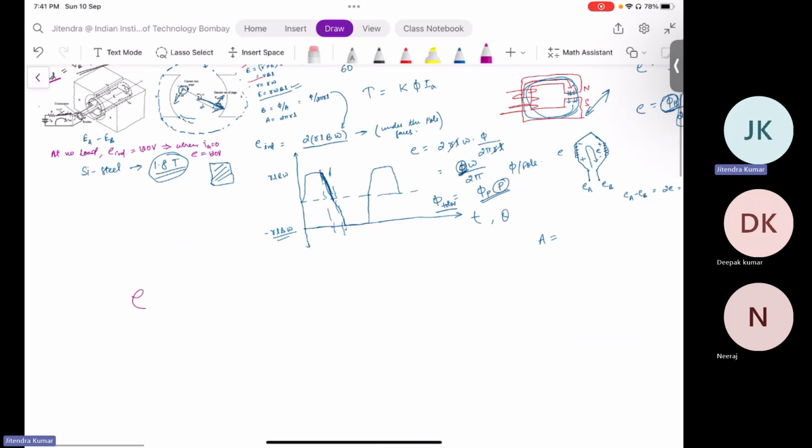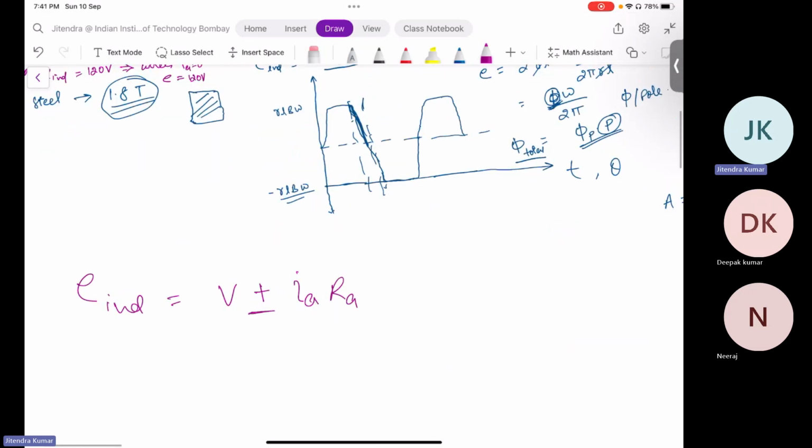So I can write EMF induced will be V plus IARA, because this is not in the opposite direction. So that's why this polarity is changing. It is in the direction of rotation. So that is why it is plus. And here 120 plus 30 into 2.2. So 129 volt.